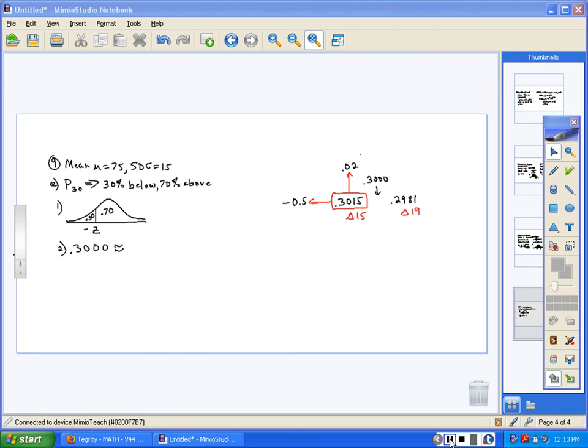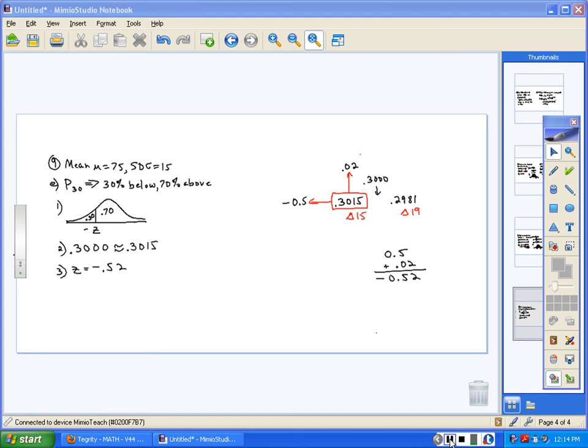And you're going to add those two together, so it's 0.5 and 0.02. You're going to add them and get 0.52, but it is a negative. You don't find the difference between those numbers. You add them and then make the answer negative. So coming back over here, 3,000 is closest to 3,015, and the z-score that corresponds to that would be a negative 0.52.